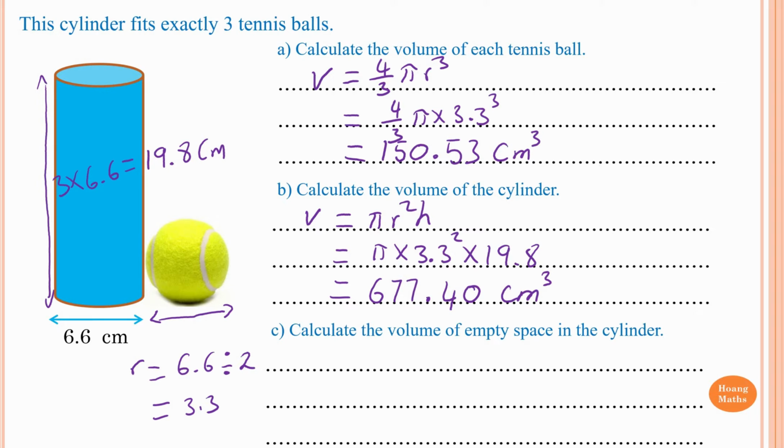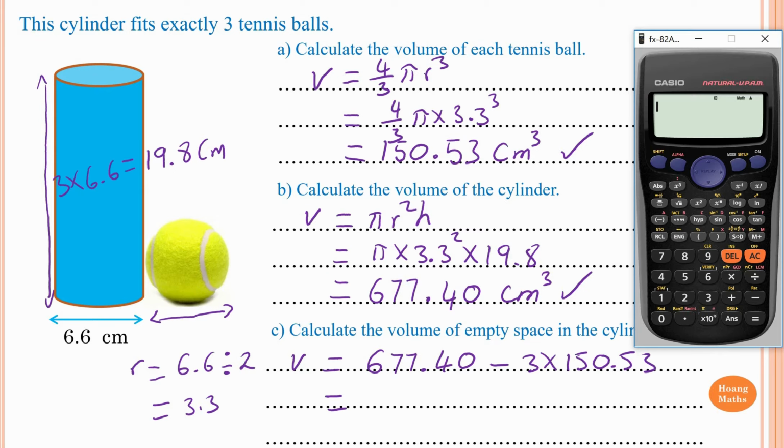Part C. Now to calculate the empty space of this cylinder, to do this, the volume of the cylinder minus the volume of 3 tennis balls, so V is equal to 677.40 minus 3 times the tennis ball, which is 150.53.